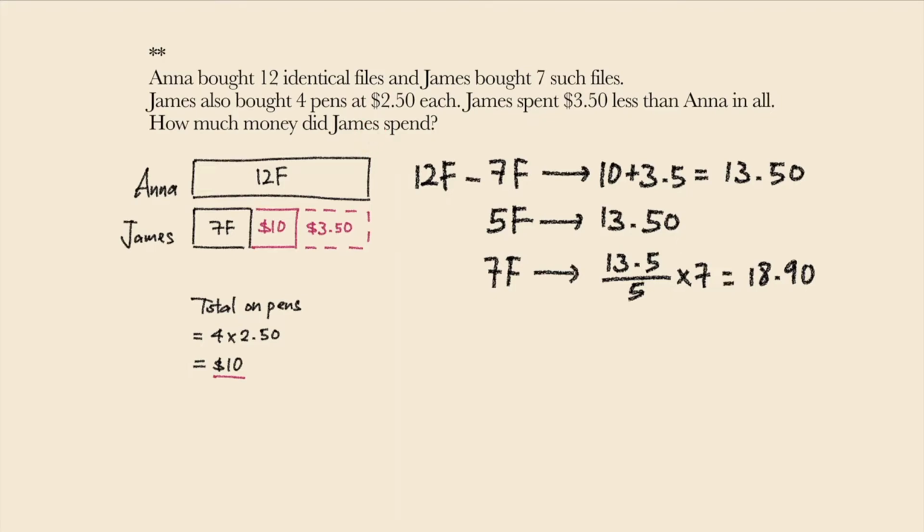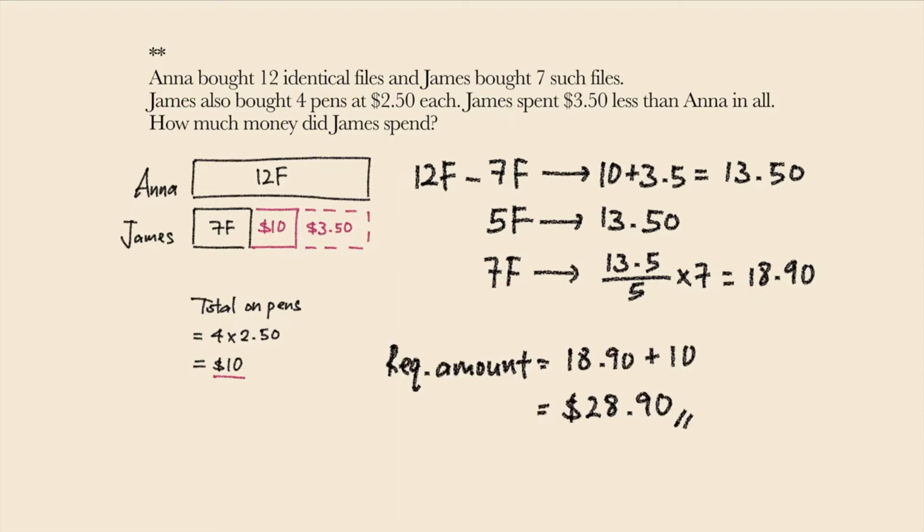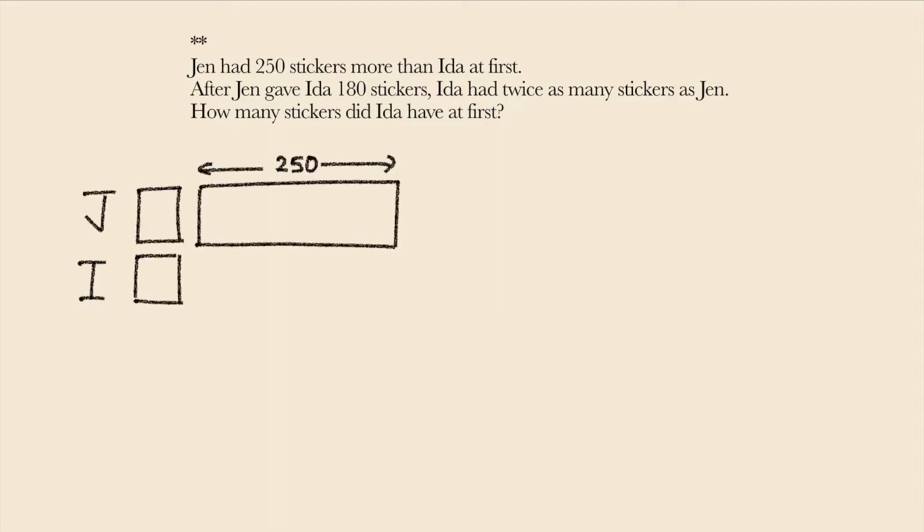So we are actually interested in the total spending by James, not the dotted line here, not the broken part here, okay, but this solid line here. 7F plus 10 is what we're interested in. So let's find 7F, which means $18.90. So we are going to now add the $10 to it, giving us $28.90.